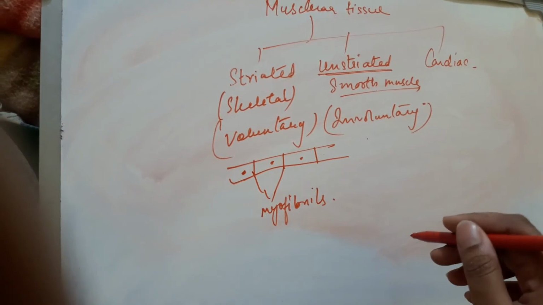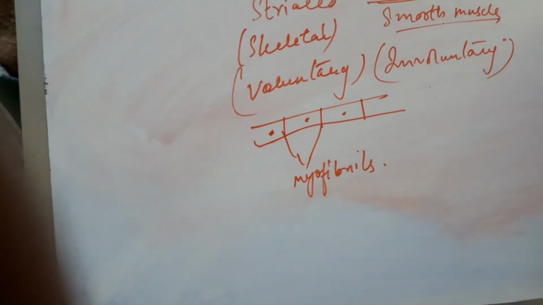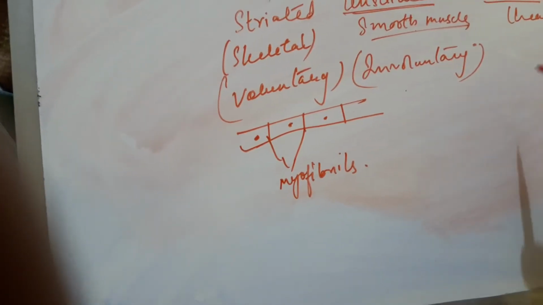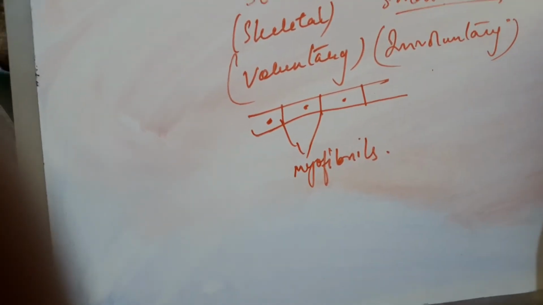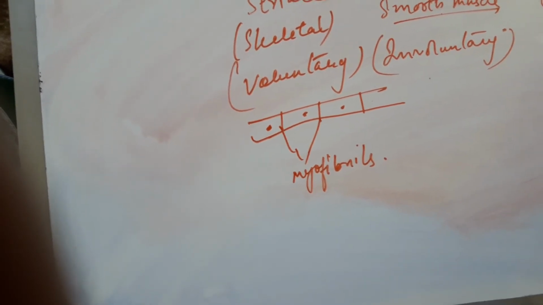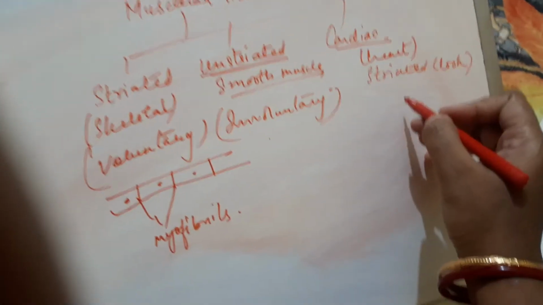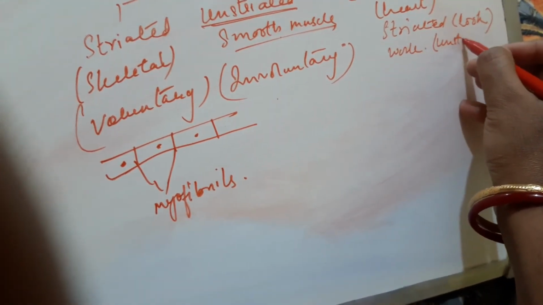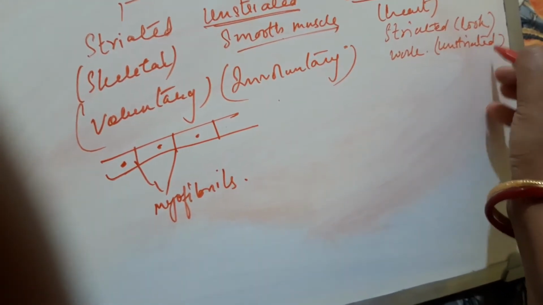Cardiac, the heart muscles, are placed in a separate group because they look like striated but work as unstriated. Look-wise they have striations but work like unstriated muscles, that is, they are involuntary, not under our control.